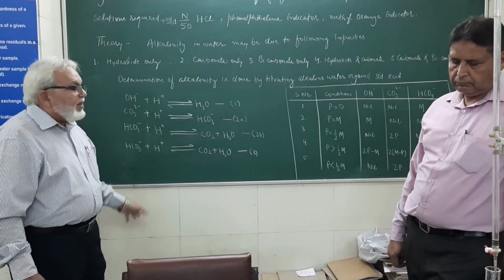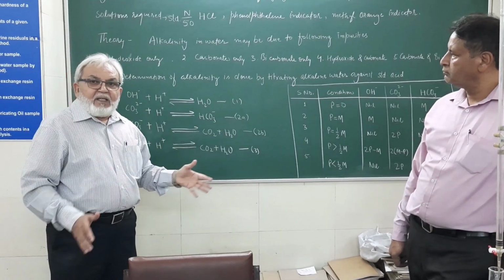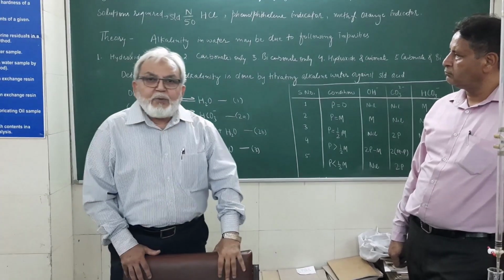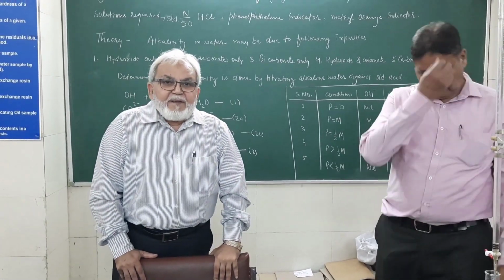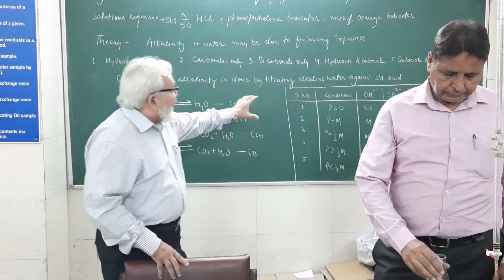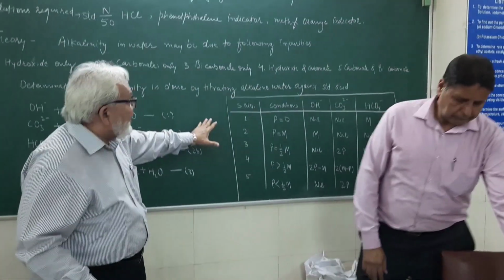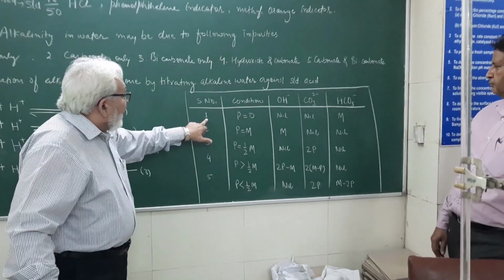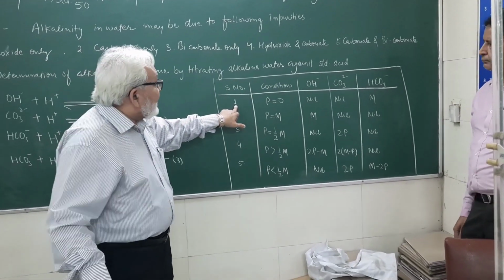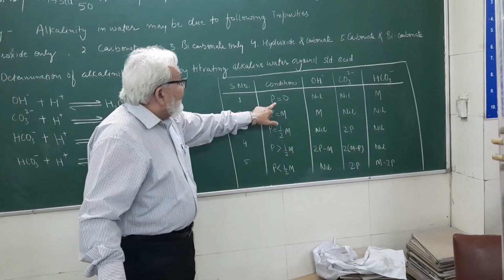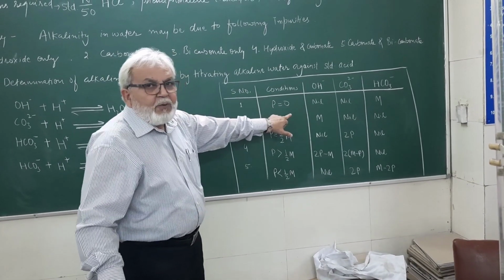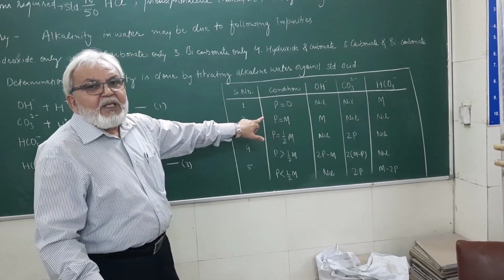Now the determination of which ion the alkalinity is due to can be done by considering this table which you can see on the board. Serial number 1 shows the condition when P equals 0. I will tell you what P is.